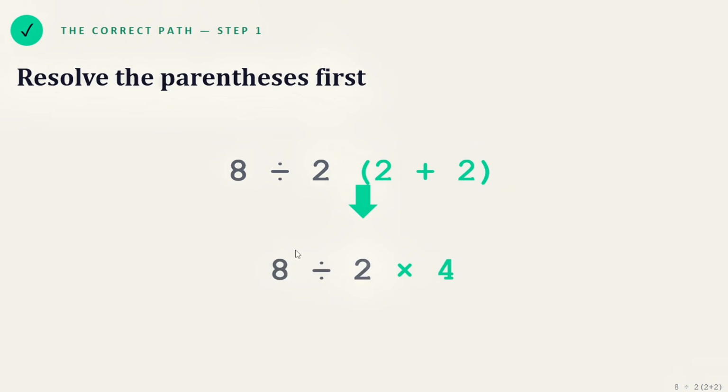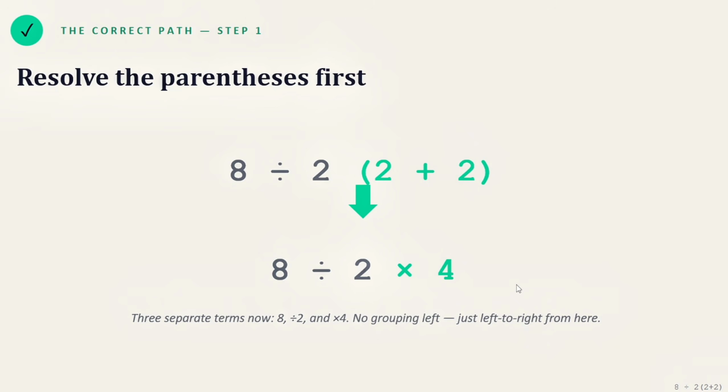We have now collapsed the parentheses. The expression is essentially 8 divided by 2, followed by a multiplication by 4. It is critical that you recognize these are 3 separate terms right now. The number 8, a division sign, the number 2, a multiplication sign, and the number 4.